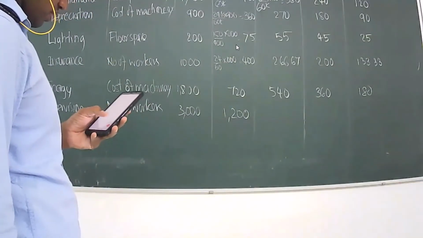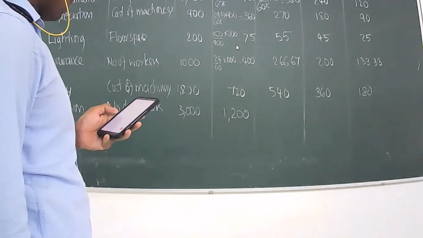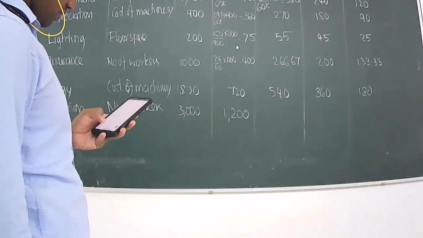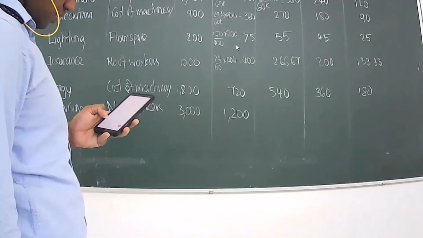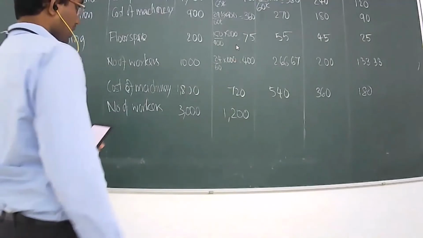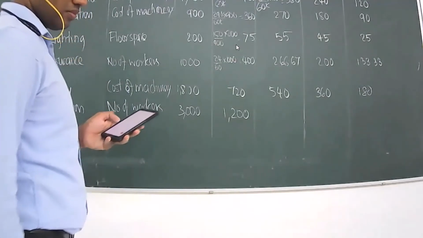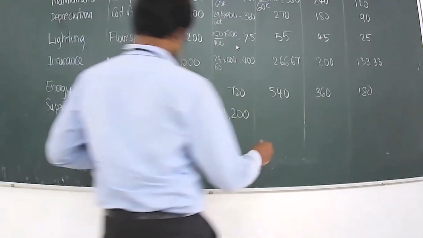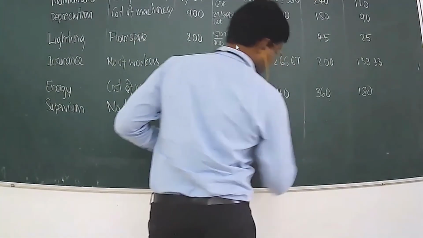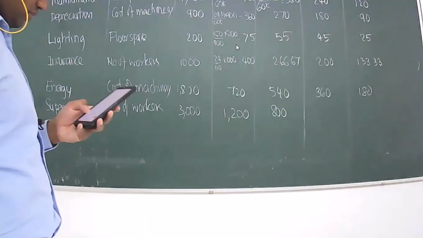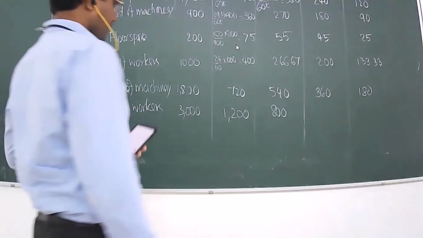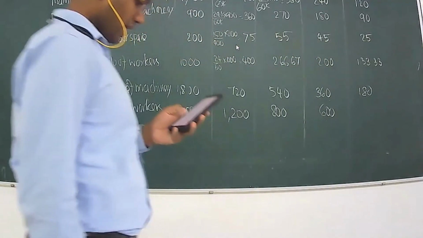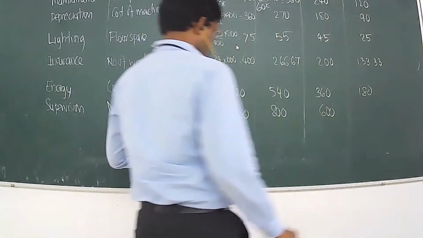Next one, 800. Here it will be 600. And then finally 400.